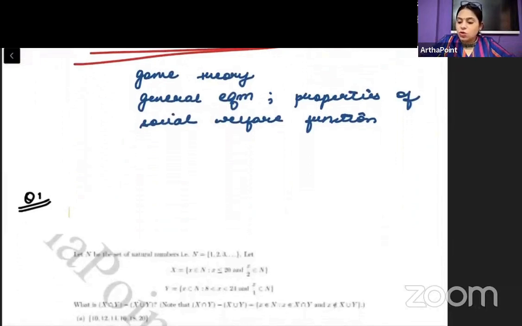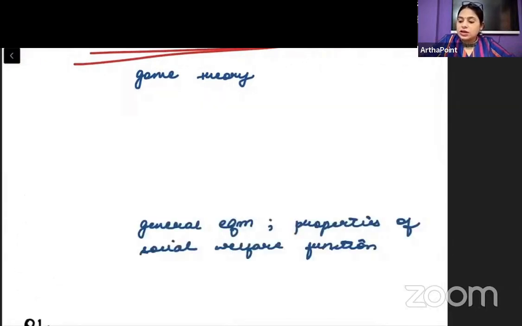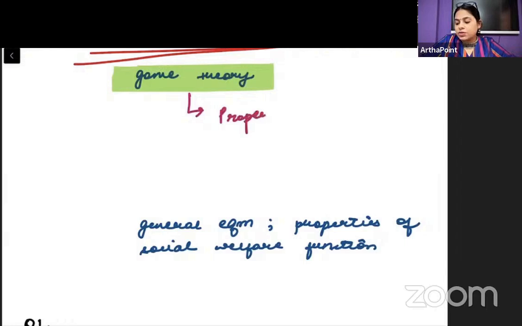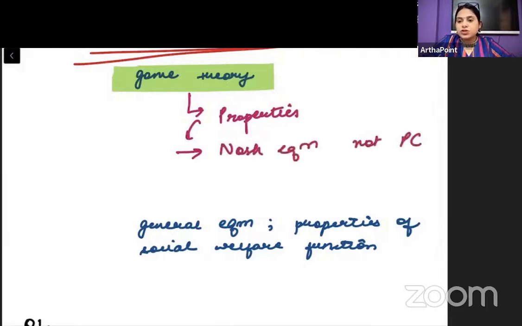Then there can be questions on game theory. Here, I urge you to remember the properties that we had done. You remember that in the prisoner's dilemma, for example, we had done the property that the Nash equilibrium may not be Pareto efficient.